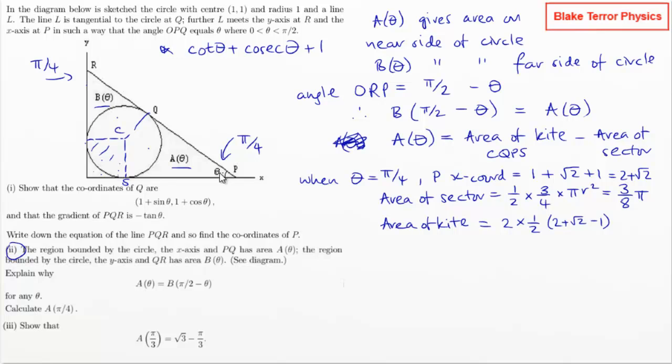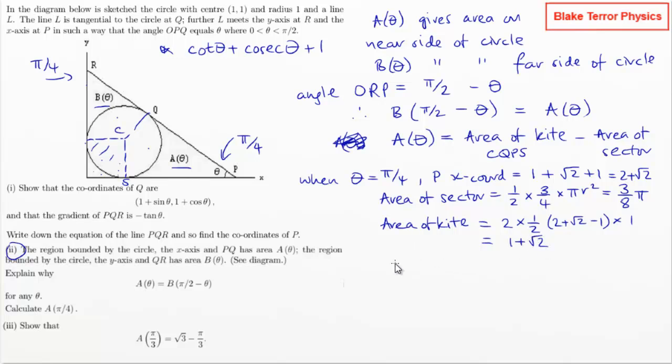That's the distance from S to P, because P is at 2 plus root 2, that's the x coordinate, and S is at 1. We take that 1 off. So that is that, and the height is just 1. So the 2 and the half cancel, and we end up getting 1 plus root 2.